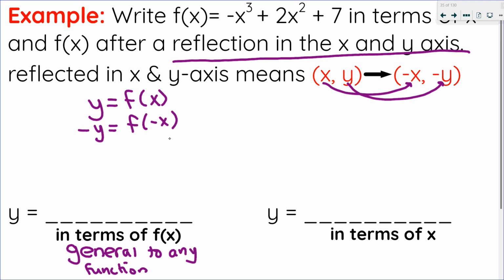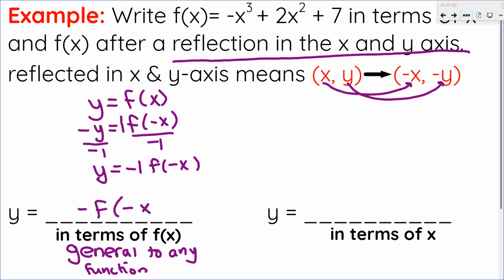Now I don't want a negative y equals equation, I want a y equals equation, so I divide both sides by negative 1. So negative y divided by negative 1 is positive y. And then f of negative x divided by negative 1. There's really an imaginary 1 in front here. So it's like doing 1 divided by negative 1, which is negative 1 times f of negative x. So my equation in general will just be negative f of negative x.